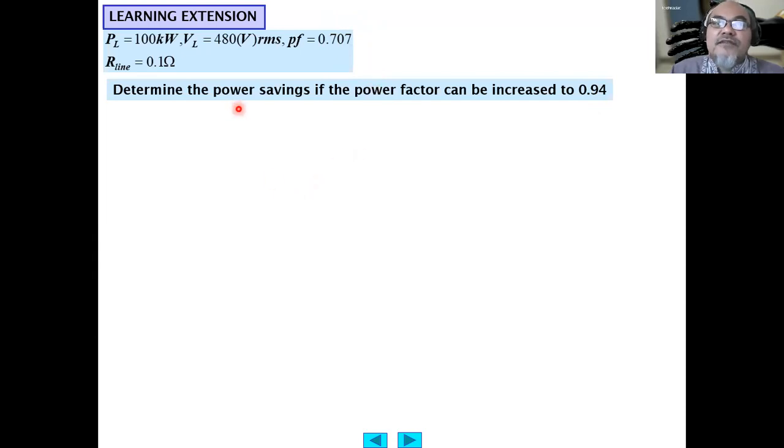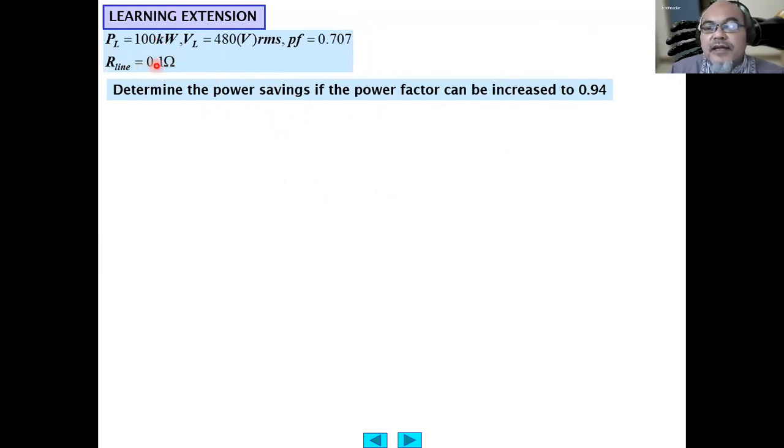So here we need to calculate the IRMS first and then calculate the power loss at the transmission line, having this resistance of 0.1 ohm, when the power factor is 0.707. Then we calculate the IRMS if the power factor is increased to 0.94, and calculate the power loss with that new IRMS.